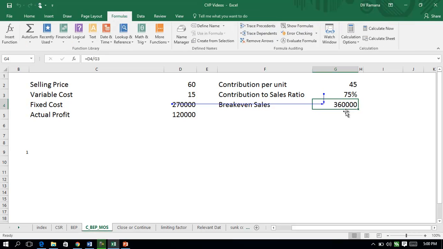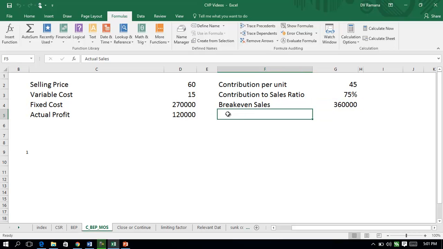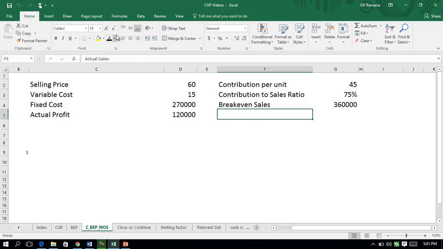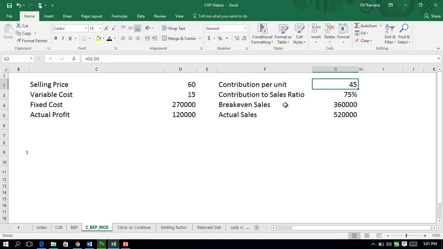The fixed cost is 360,000 and the company desires profit, so if actual profit is 120,000, then the sales to earn this profit is equal to the fixed cost plus profit divided by the CSR.